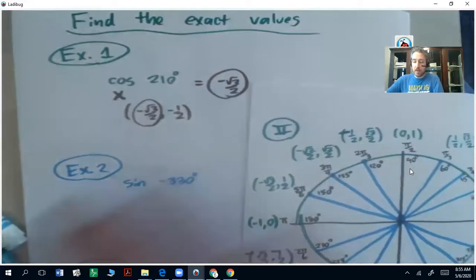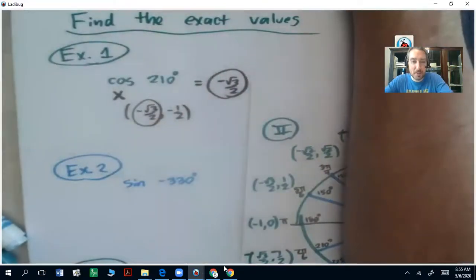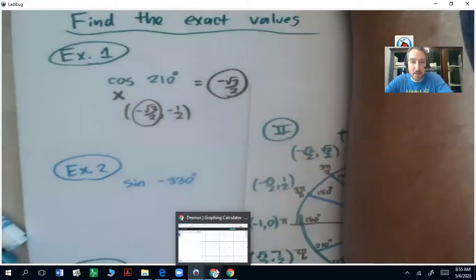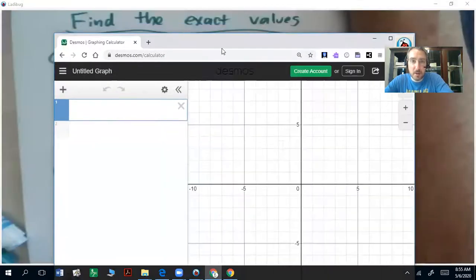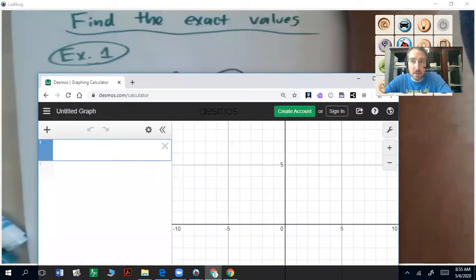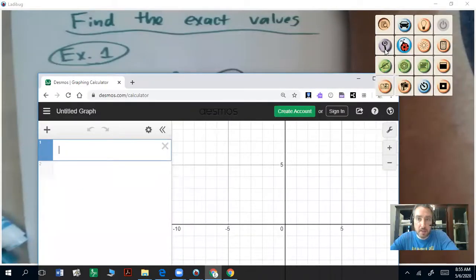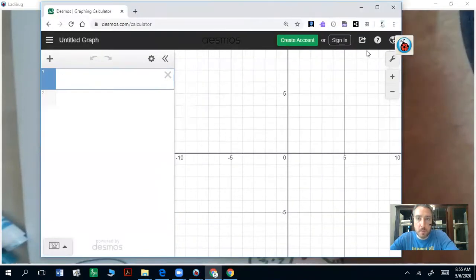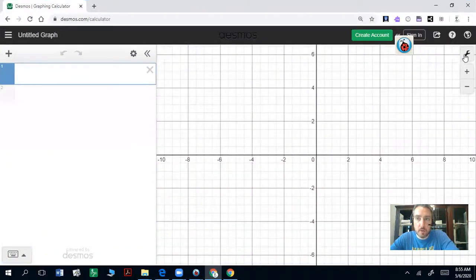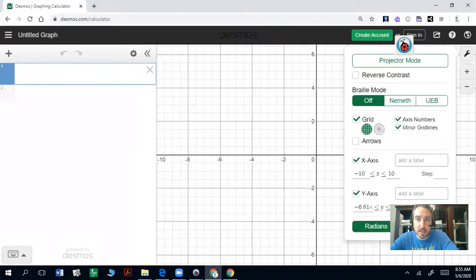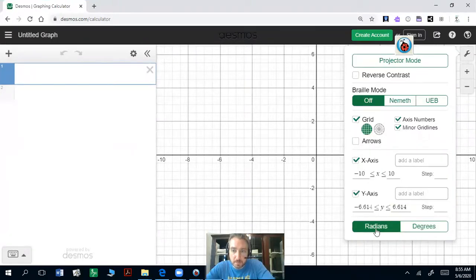It's just reporting the x value for cosine. I want to show you, though, on a calculator what you can do. And I love using the calculator, so I'm going to use it whenever I can. On Desmos or your TI calculator, there are two modes that you can use, degree or radian. On Desmos, if you want to make sure if you're in degree or radian, you will go to graph settings, and the default on this particular one is radians.